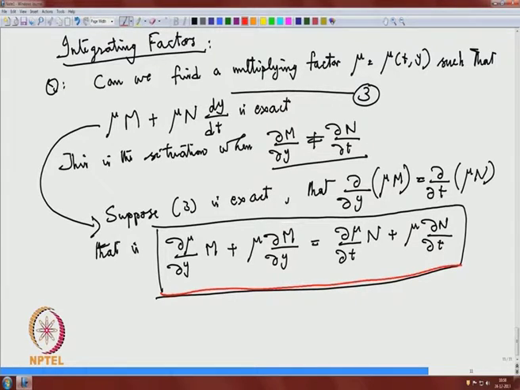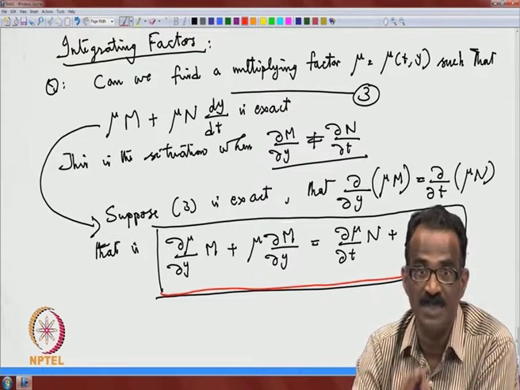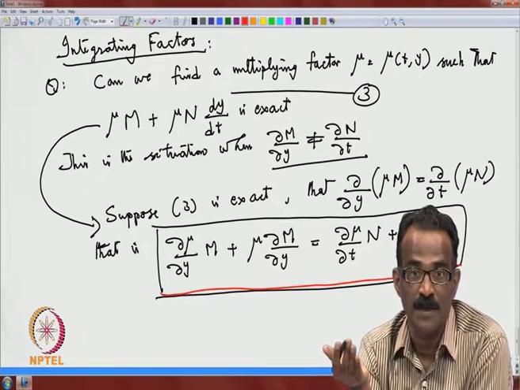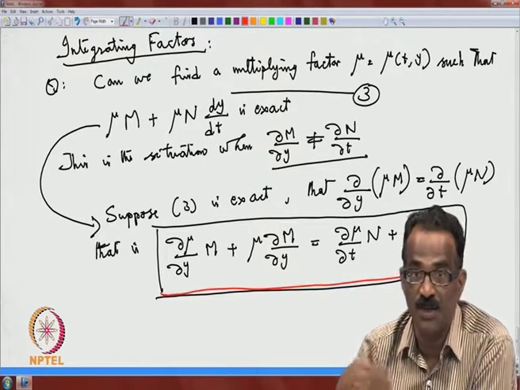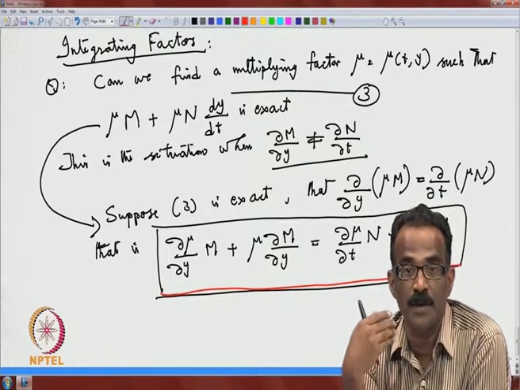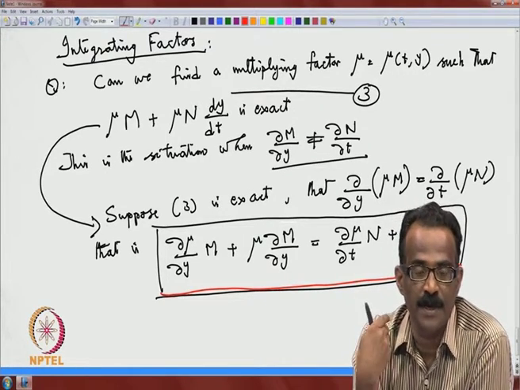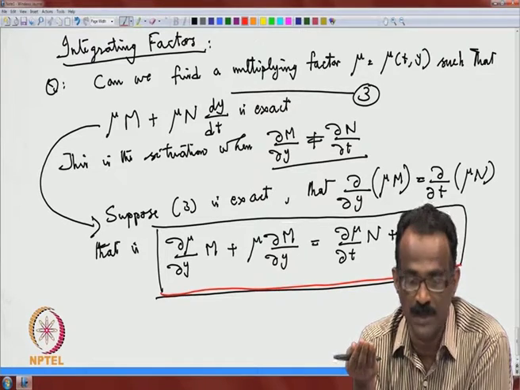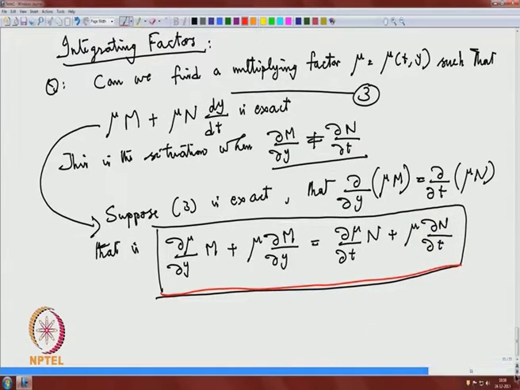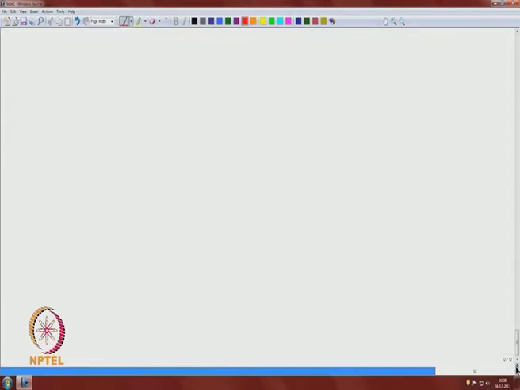That is where the most general case ends. By some trial and error, if you are successful in finding the solution, then you can do that. But then there is a very interesting special case.